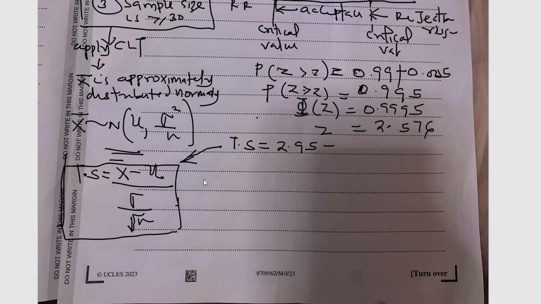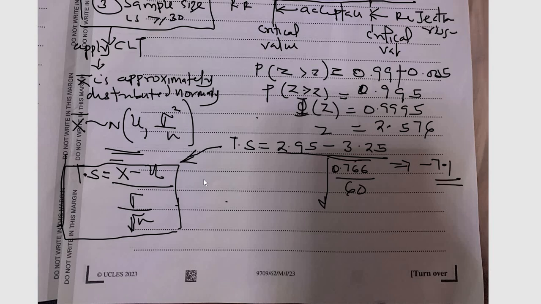We assume the mean to be the same as the mean of A, that's 3.25, all over the standard deviation, 0.766, over the square root of the number of B, which is 60. Remember that the variance of A is the same as B according to the question. At the end of the day, your test statistic, when you evaluate, will give us minus 7.1.